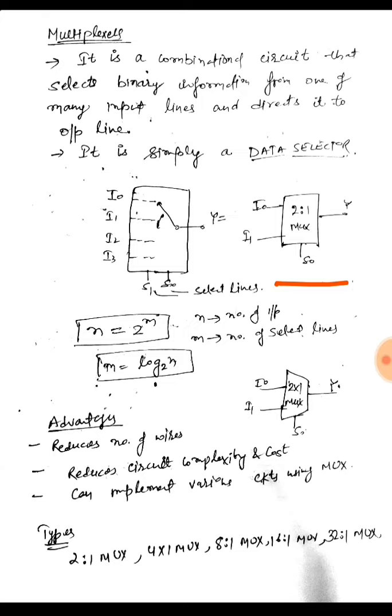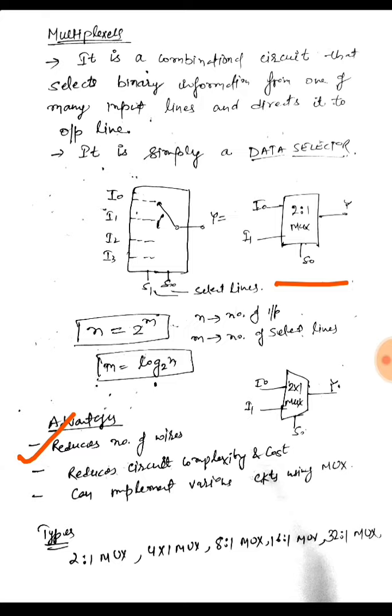The multiplexer reduces the number of wires to realize any logic function. It reduces the circuit complexity and cost when we compare it with logic gates, and we can implement various combinational circuits using multiplexers.